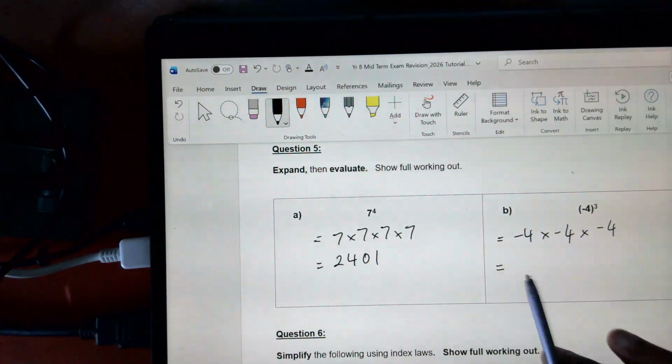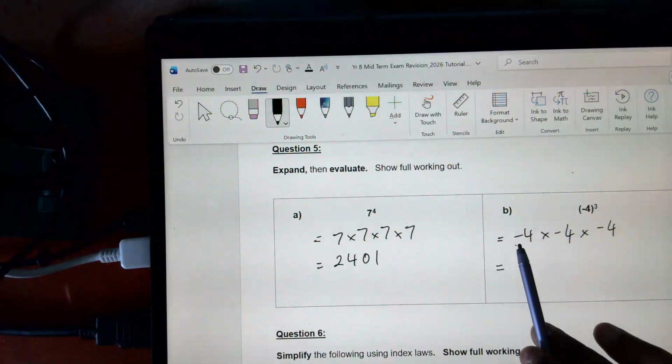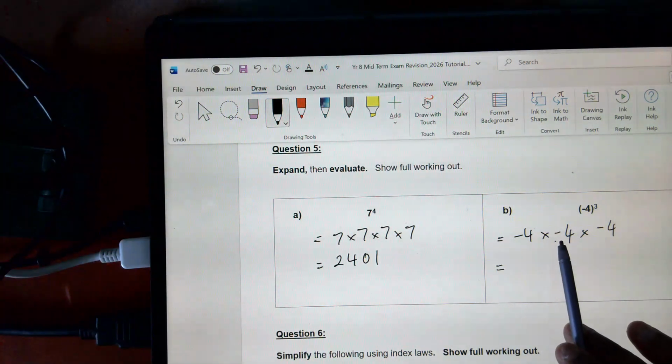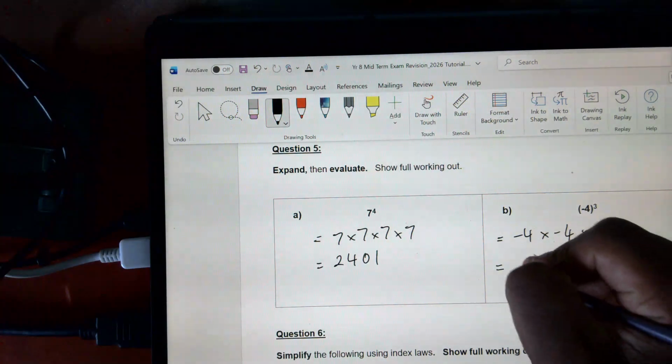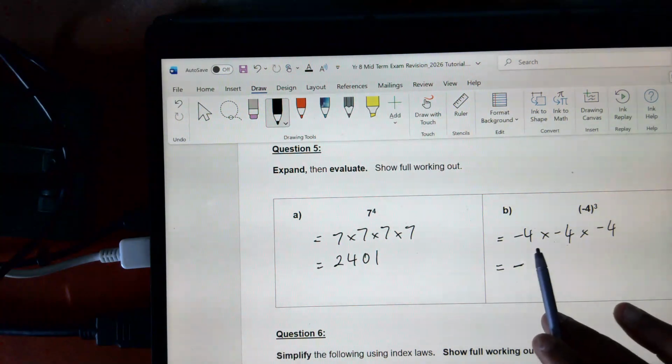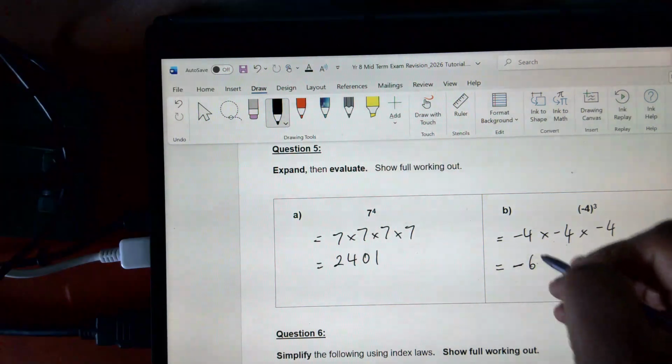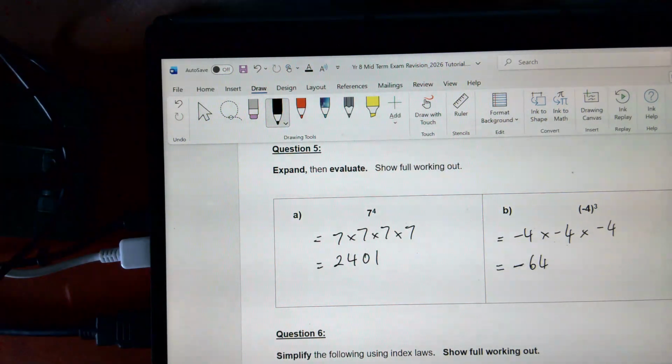And then multiplying across, a negative times a negative is a positive, positive times a negative is a negative. 4 times 4 times 4 is 64. So your answer is negative 64. I am going to double check that. Yep, it is 64.